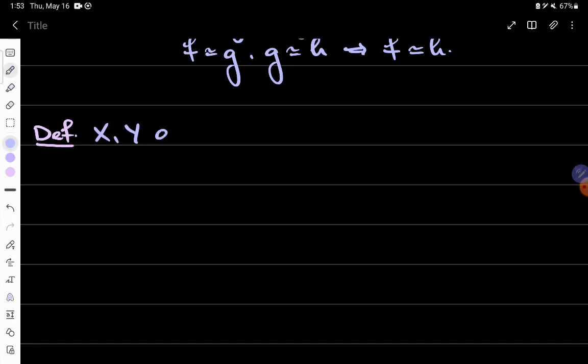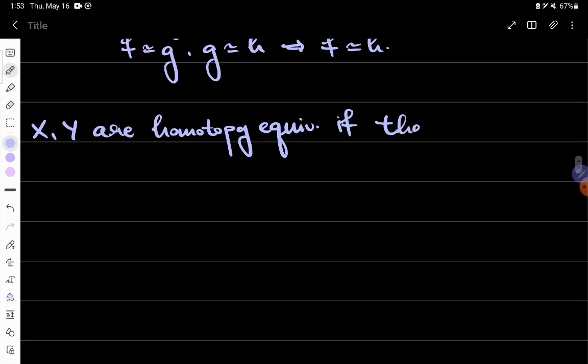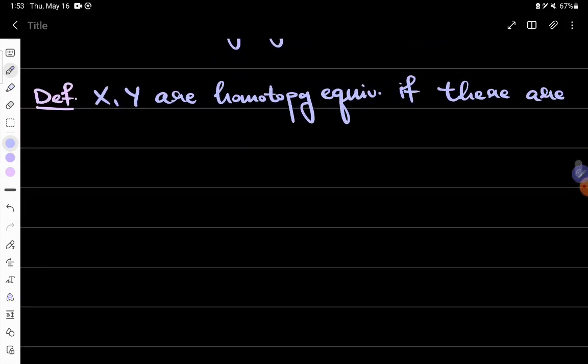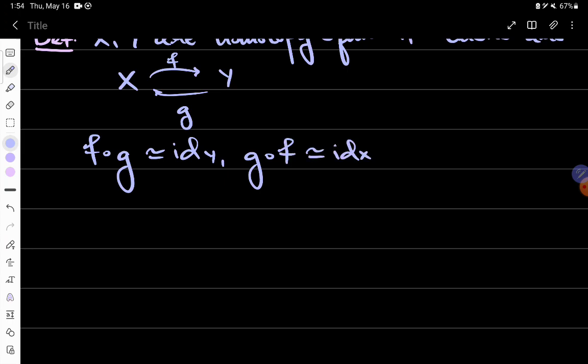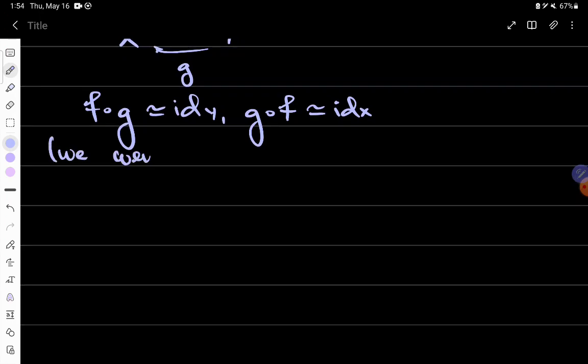Two spaces X and Y are homotopy equivalent if there are maps f from X to Y and g from Y to X, such that f compose g, which is a map from Y to itself, is homotopic to the identity on Y, and such that g compose f is homotopic to the identity map on X. And then we are going to write this the same way as we did with homotopy of maps.